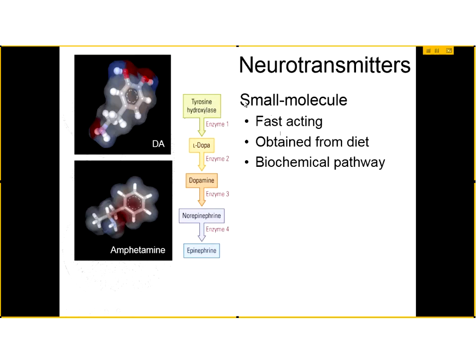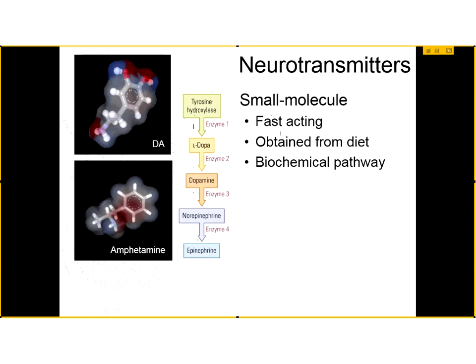But these fast-acting small molecule neurotransmitters also are synthesized, like I said, from the diet. So we have this biochemical pathway where we'll eat tyrosine, that'll be from our diet, and then through an enzyme reaction it turns into L-DOPA. L-DOPA then, through another enzymatic reaction, turns into dopamine, and a further reaction will turn dopamine into norepinephrine, and another enzyme reaction will turn it into epinephrine.